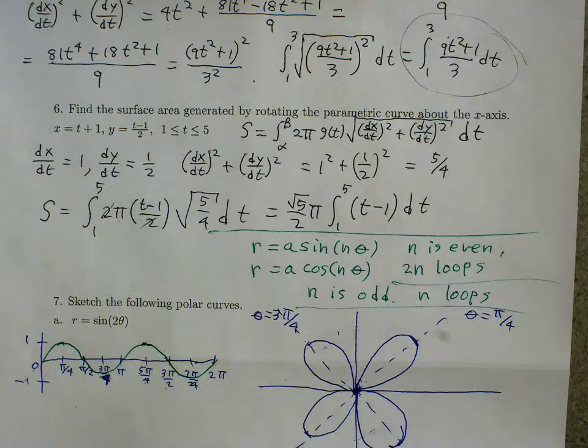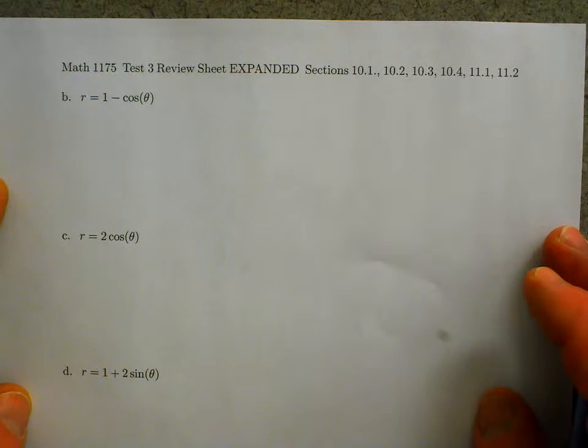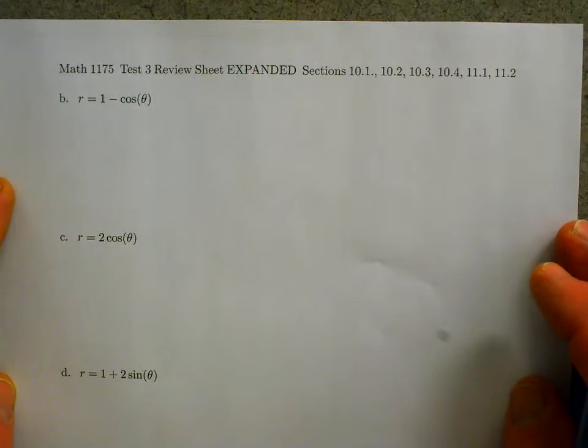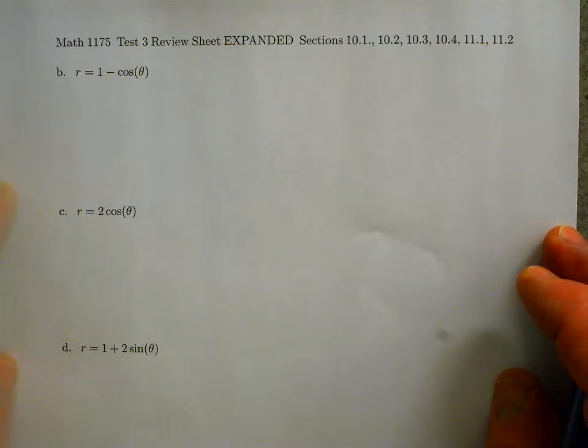Okay, on the next page, we have some other polar curves. On this one, r equals 1 minus cosine of theta.